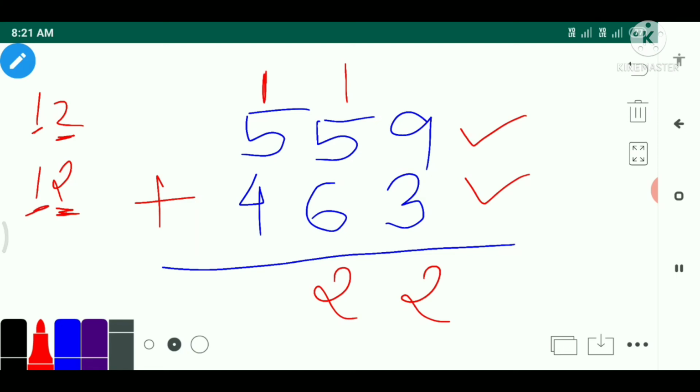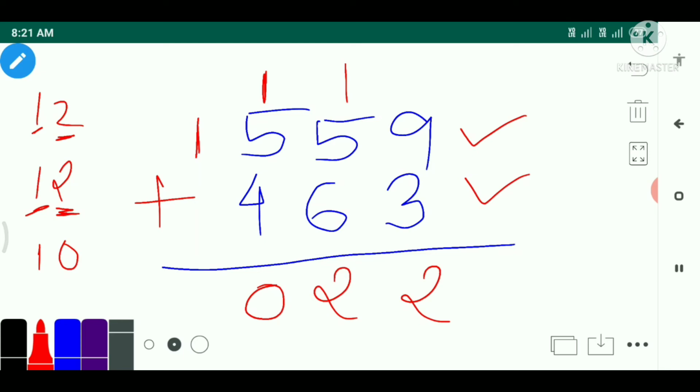Okay, now let's see the 100 place value. So 1, 5 and 4 is there. So 1 plus 5, it will be how much? 6, right? 6 plus 4, 10, right? So now 0 will place here and 1 will give it to the 1000 place value.